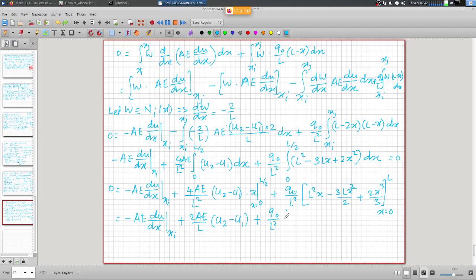So this one is straightforward, L cube, this one is 1.5 L cube, this one is 2/3 L cube.